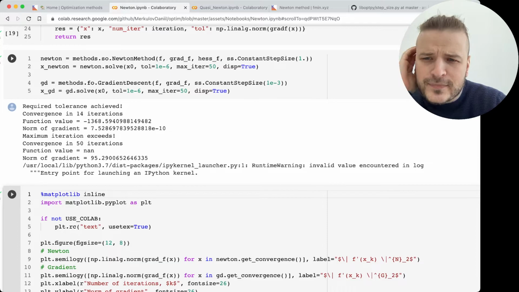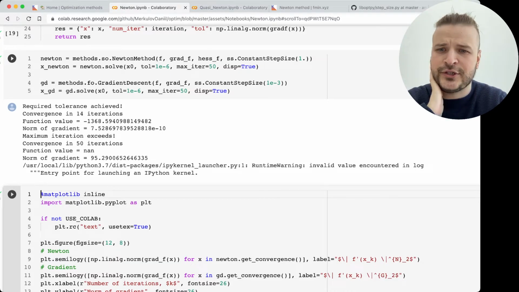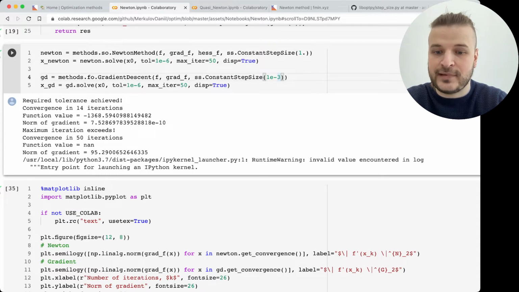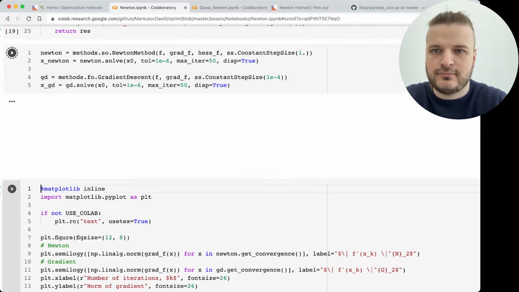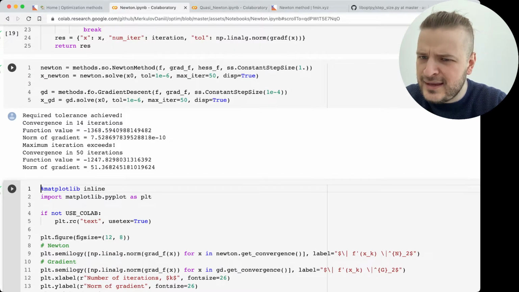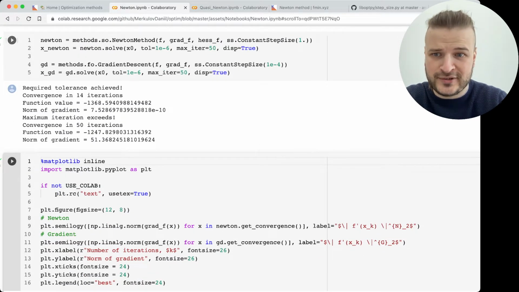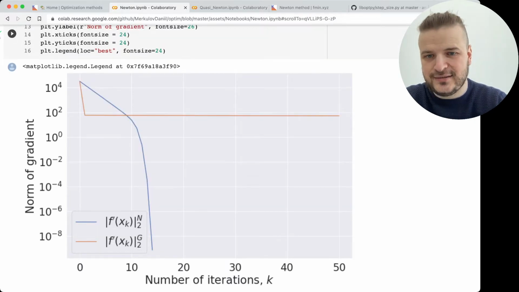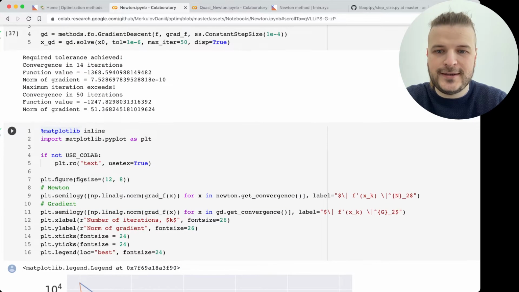Still we hit the maximum iteration limit, and still have a huge gradient. Let's decrease the step size more. Yeah, we have a smaller norm of the gradient, which is okay, but still you can see a difference, right?